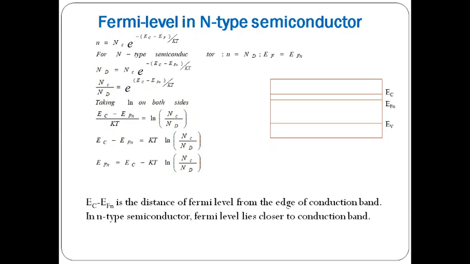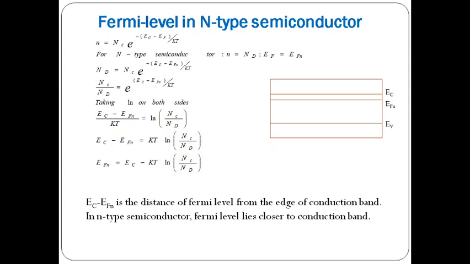In n-type semiconductor, the Fermi level is always closer to the conduction band. When you are observing the energy band diagram here, the Fermi level is very close to the conduction band. We know the intrinsic Fermi level is always at the center of the forbidden band.